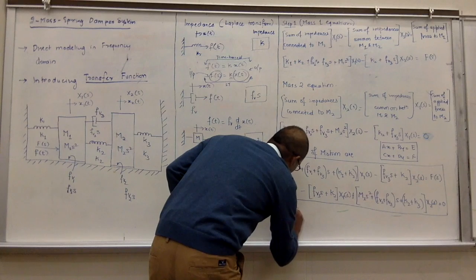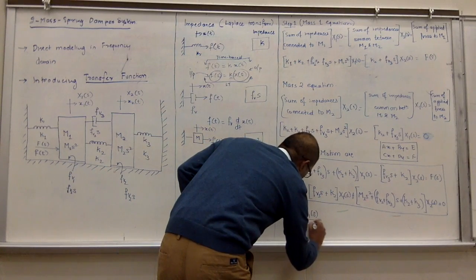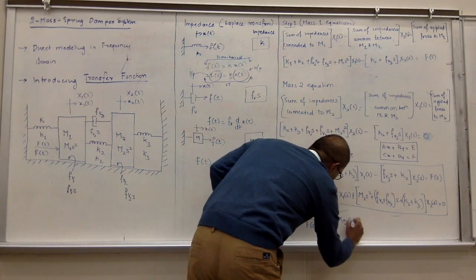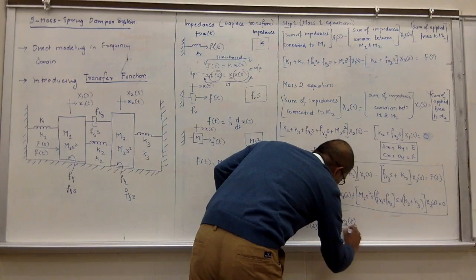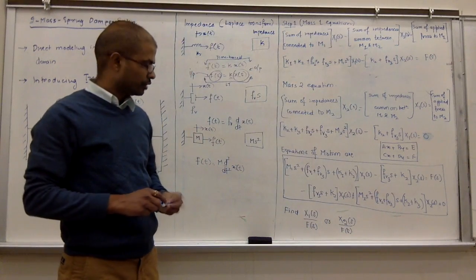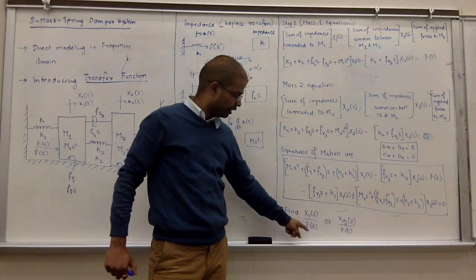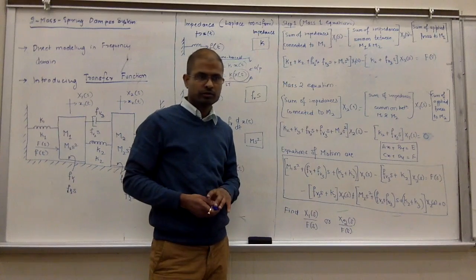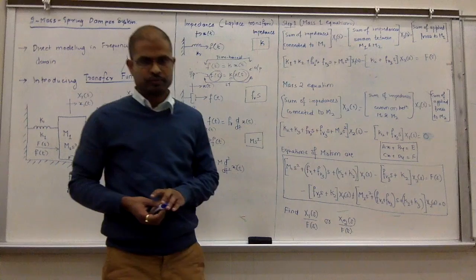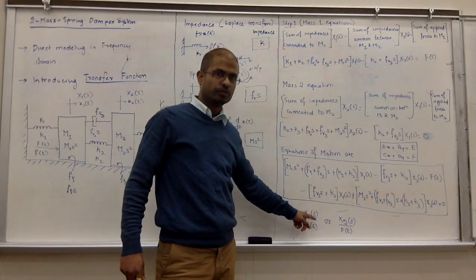Find x1 of s over f of s, or x2 of s over f of s. So this x1 and x2 are output, right? This is output and f of s is input. There's only one input. So this is called the transfer function, the ratio of output to input.